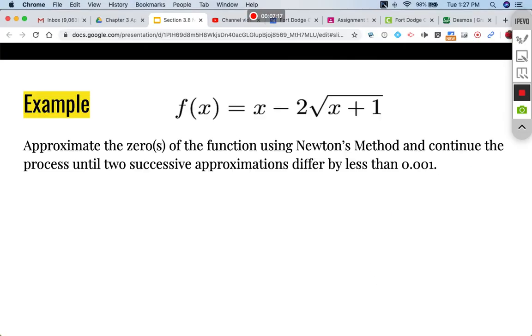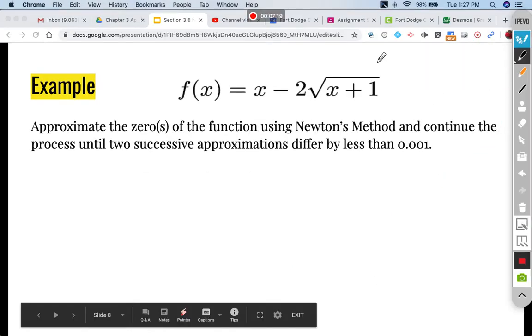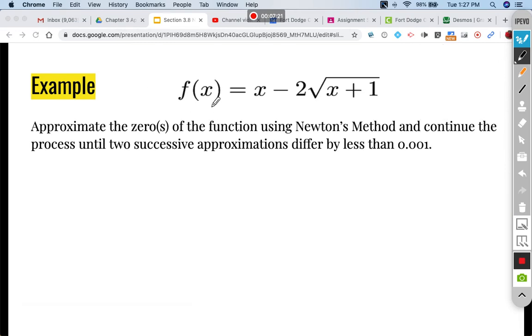Let's get this so I can write on it. The first thing I need to do is get the first derivative. So f prime of x is going to be 1 minus 2 times the derivative of the square root, which is 1/2 times (x plus 1) to the negative 1/2, times the derivative of x plus 1, which is 1.